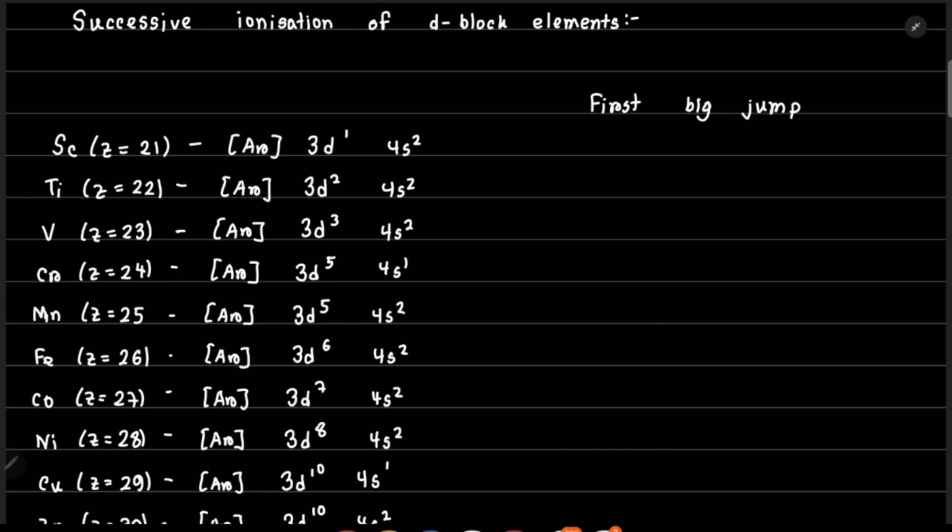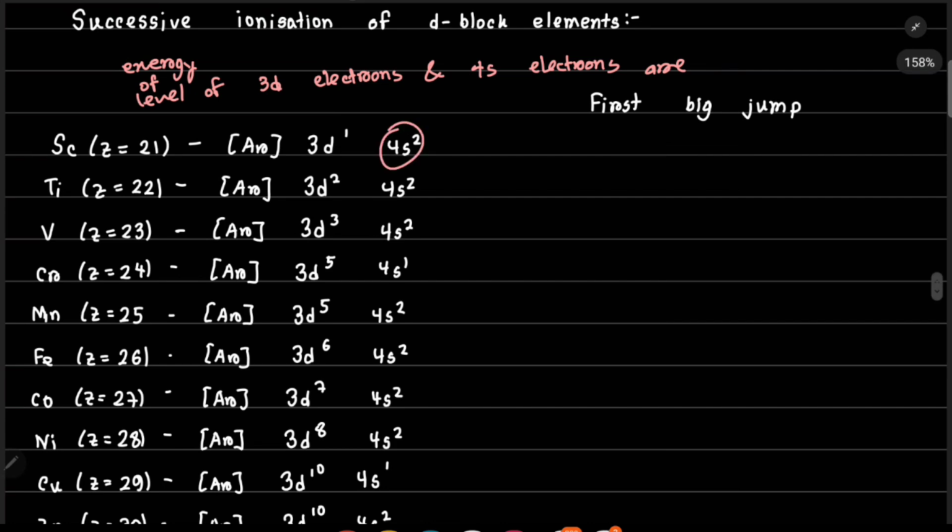However, the case is different for d block elements, since the energy level of 3d and 4s electrons are almost the same. So when we move from the 4s subshell to the 3d subshell, there isn't that big of a jump.